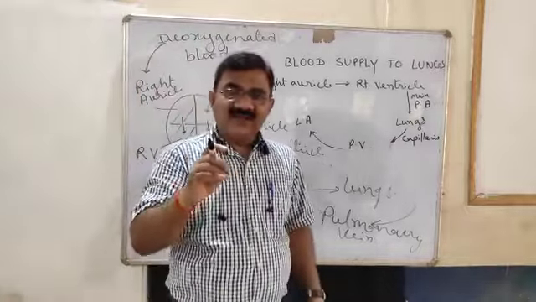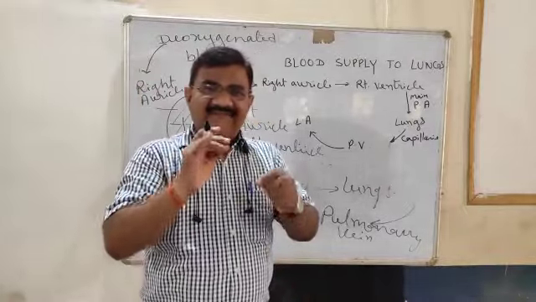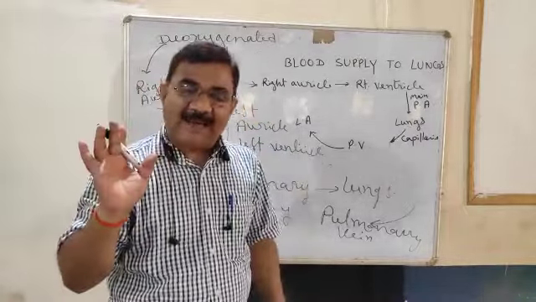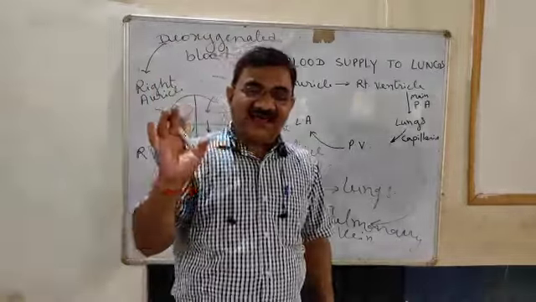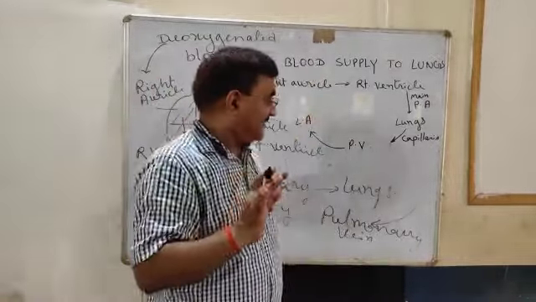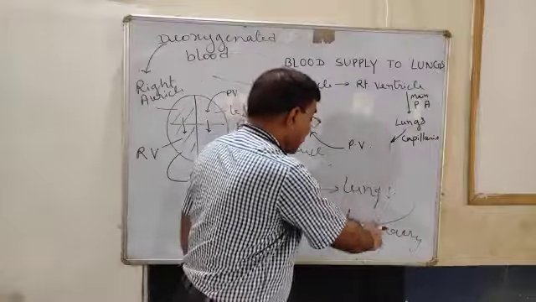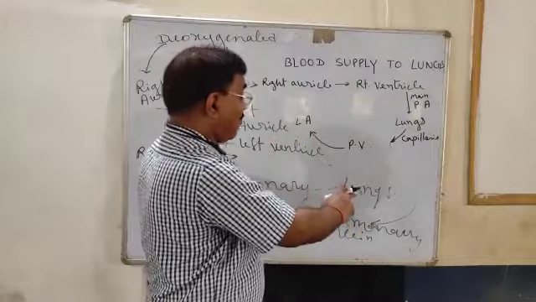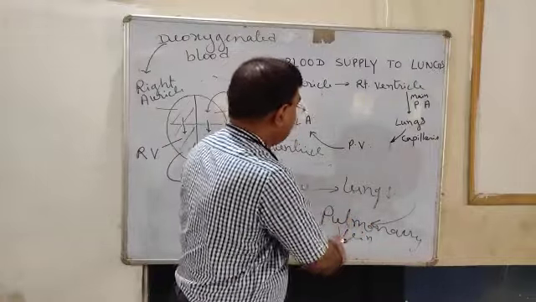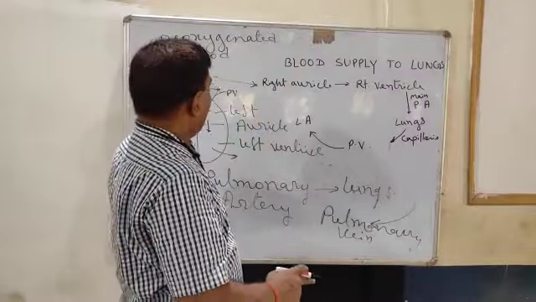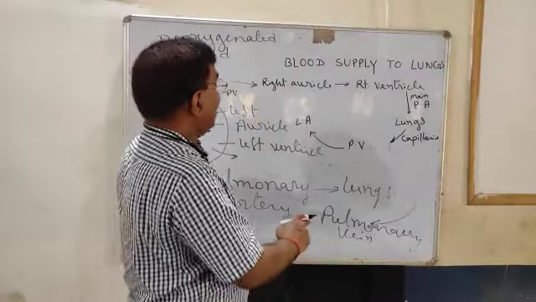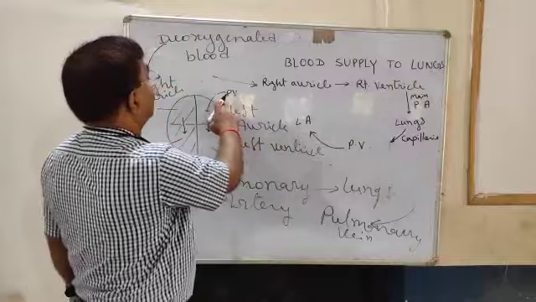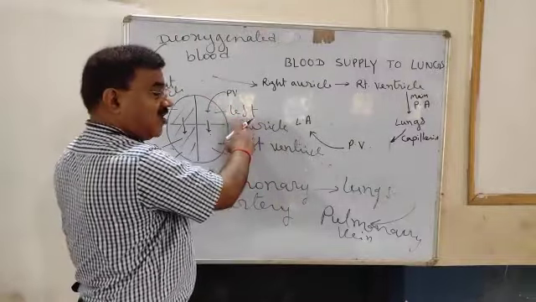In the lungs, this pulmonary artery divides and redivides to form capillaries, and then there is exchange of gases, and now the blood becomes oxygenated. The oxygenated blood comes out from the lungs through the pulmonary vein and is poured into the left auricle.